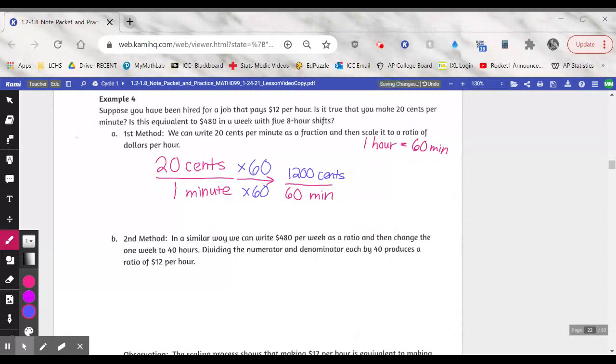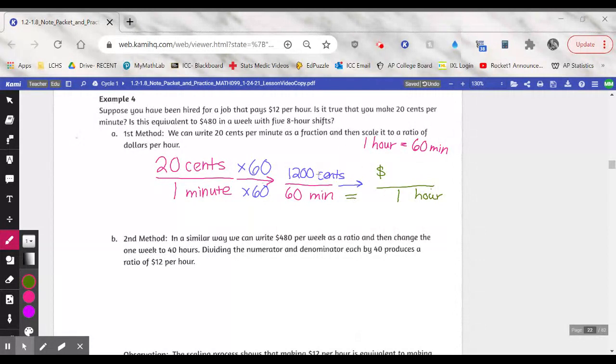I'm going to go ahead and now rewrite this as dollars per hour. So we know that 60 minutes is the same as 1 hour. For this one, I'm not changing the numbers. I'm not scaling it up or down. I'm just changing the units because we know that 60 minutes equals 1 hour.